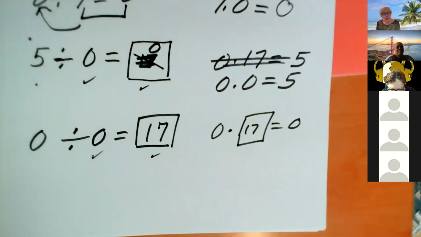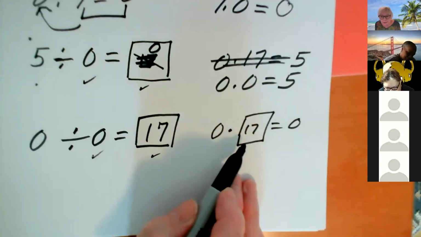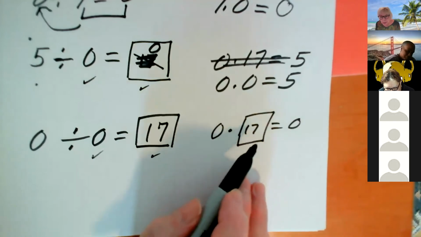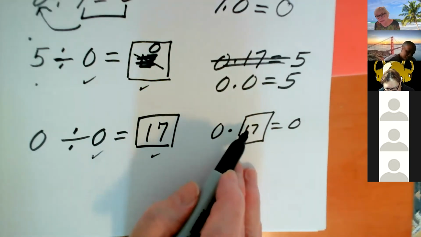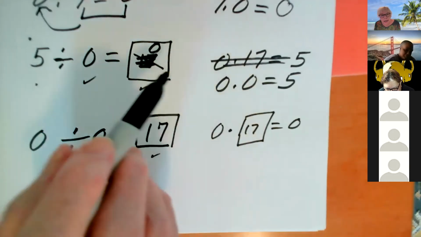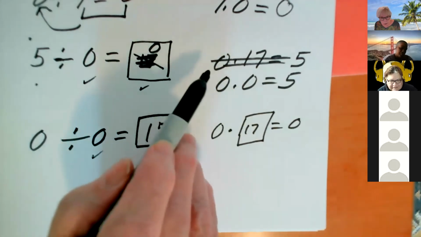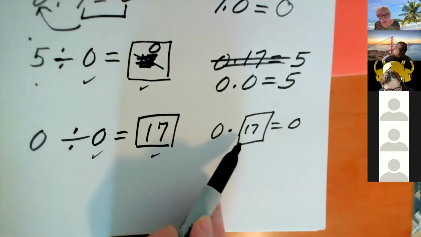So I was correct. The problem is any number I had picked would have been good. 5 would have been good, 12 would have been good, 10 would have been good. Every single number in the world would have worked. In the first case, absolutely no number worked. In the second case, every single number in the world worked.